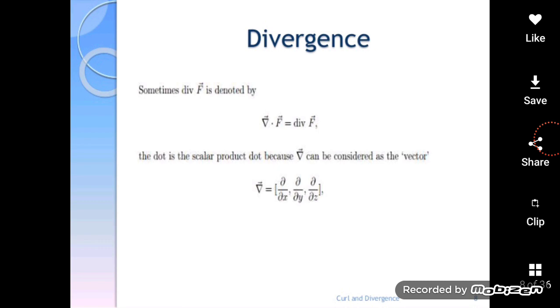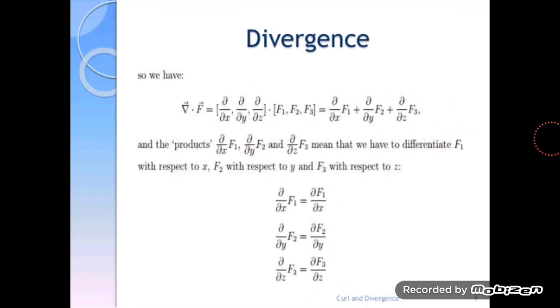So del means del by del x, del by del y, and del by del z. So del dot f means, by putting the values of del and f, we have del by del x, del by del y, del by del z, dot product with f1, f2, f3.